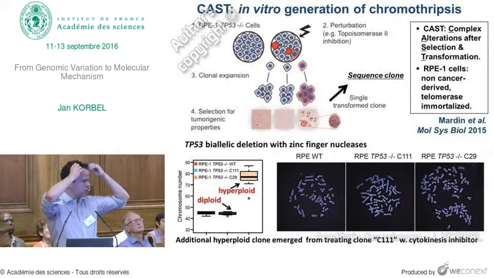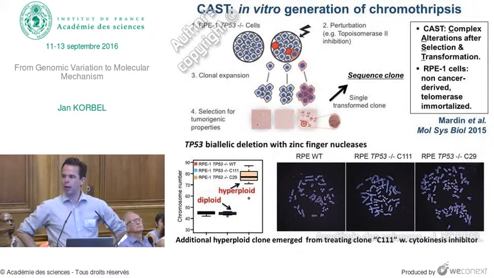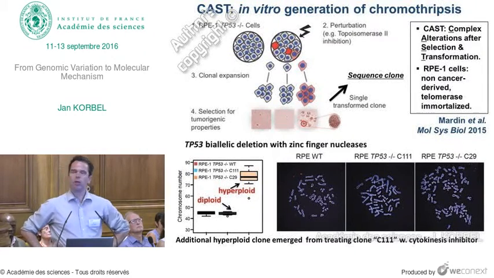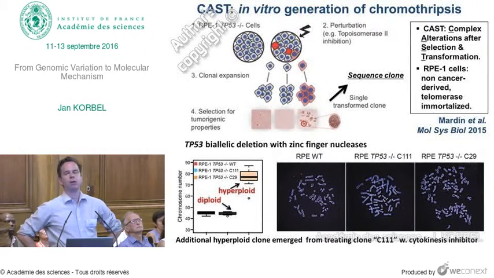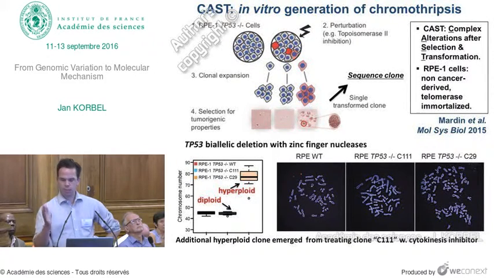She looks for cells that are able to grow in soft agar, which requires anchorage-independent growth, a characteristic that we only see in tumor cells. And she reasons that if she finds the right way to perturb the cells here, she might be able to see Chromothripsis events. That was the hypothesis.